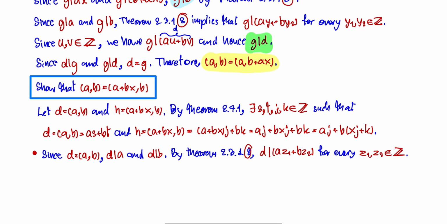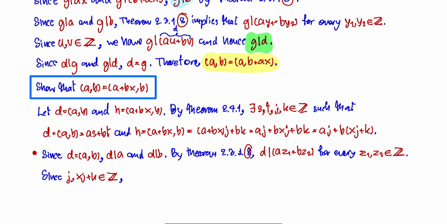The next thing we have to do is to try to plug in this term. And we know that J and XJ plus K are integers. So since J and XJ plus K are integers, what can we have next?